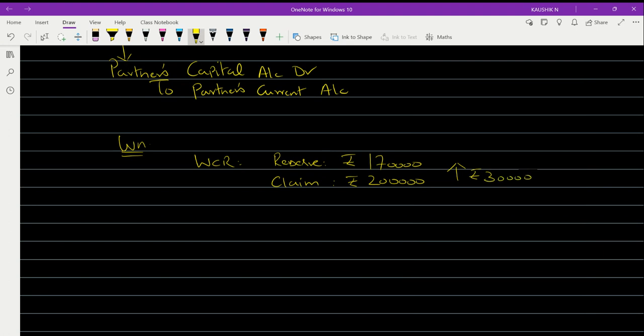So in this case, the journal will be: workmen compensation reserve account. Never use shortcuts, that's why I didn't write WCR. Workmen compensation reserve account is debited with the value of rupees 1 lakh 70,000.